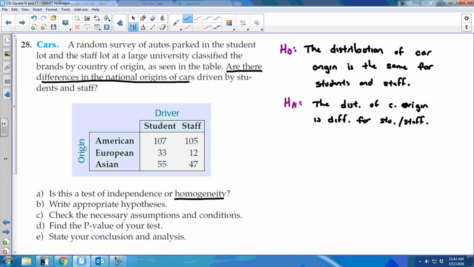Any questions about where those hypotheses came from? So we need to check some conditions. That's part C. Do we have counted data in our table? We have counts. Yes. You don't have to write that down. Just make sure before you move forward. So the next one you talk about is independence. We have 2 different samples. So we need to assume that the student lot and staff lot are independent of each other.